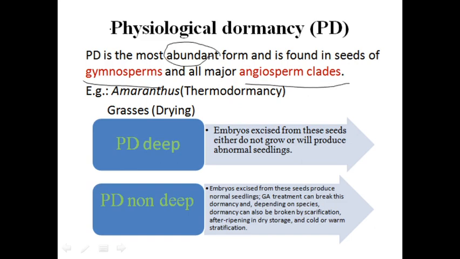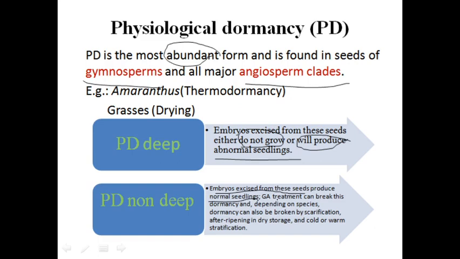Again, this physiological dormancy is divided into two types: physiological deep dormancy, where embryos excised from the seed will produce abnormal seedlings or do not grow, whereas in physiological non-deep dormancy, embryos excised from these seeds produce normal seedlings.